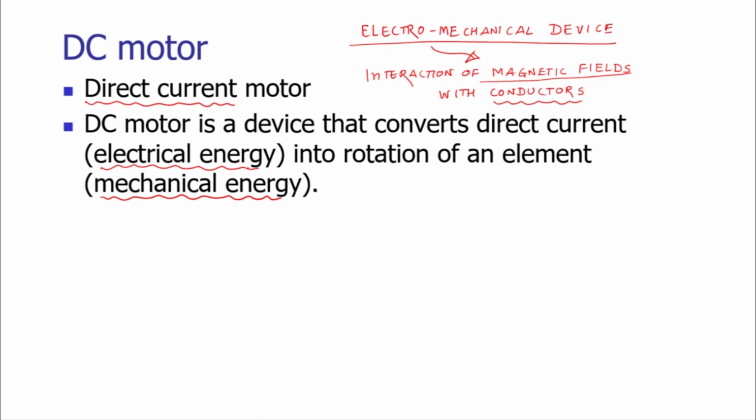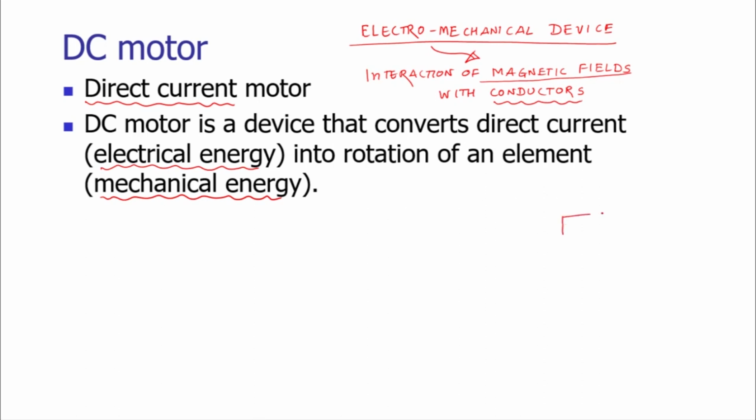The DC motor is the most common type of electromechanical device being used in domestic as well as industrial applications. DC motor is capable of producing continuous motion and we can easily control the DC motor speed as well. Well, how it works? The principle is very simple.